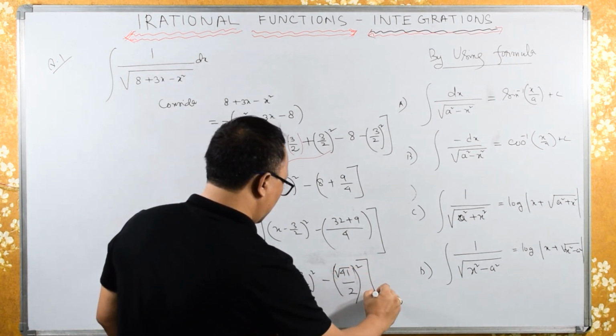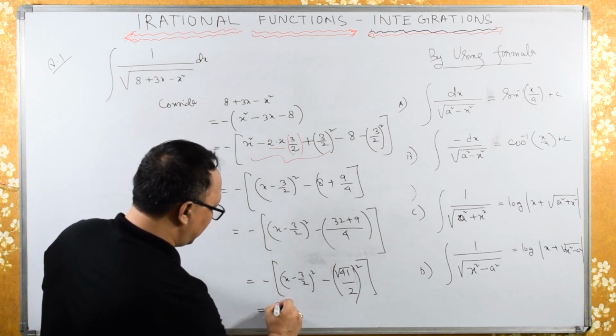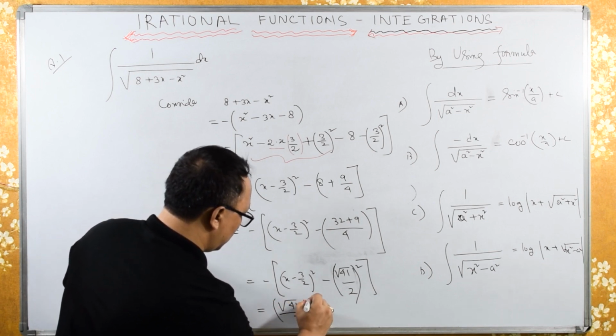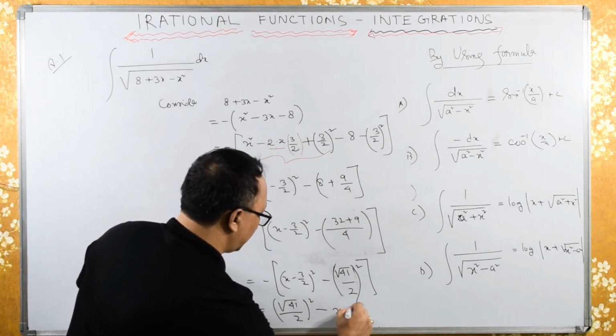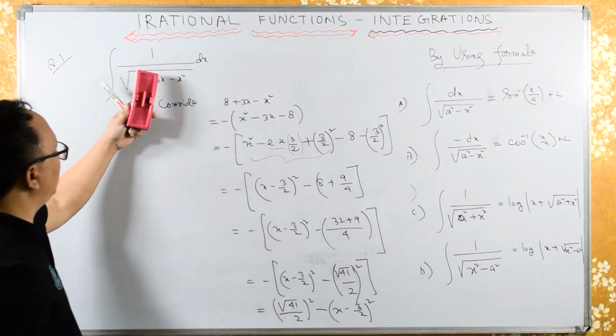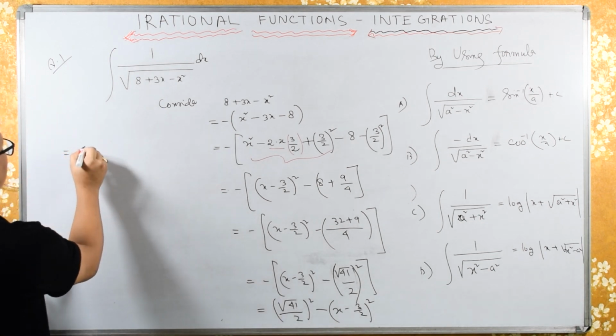If I send minus inside, this will be plus, so I can write first (root of 41 by 2) the whole square minus (x minus 3 by 2) the whole square. Therefore, instead of this I can write like this.